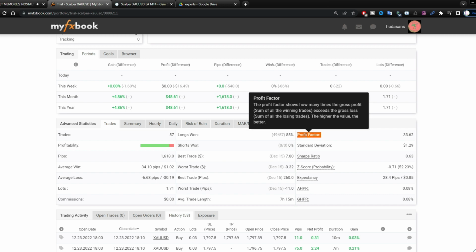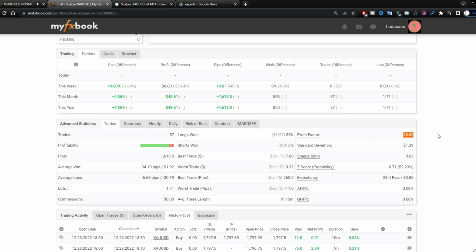I also got a good profit factor here of 33.62. Average win 34.10 pips and average loss 6.63 pips. This also depends on the preset settings that you set.